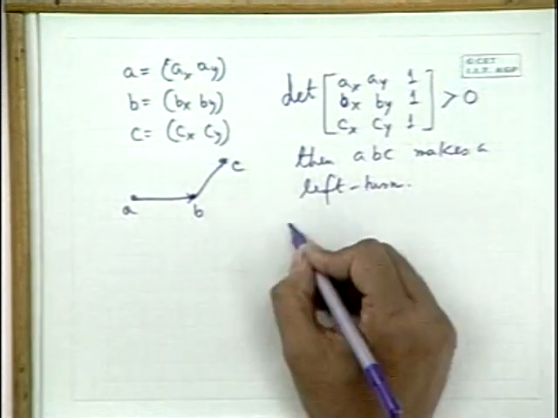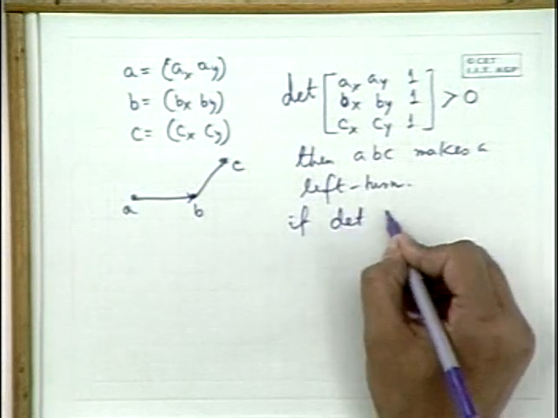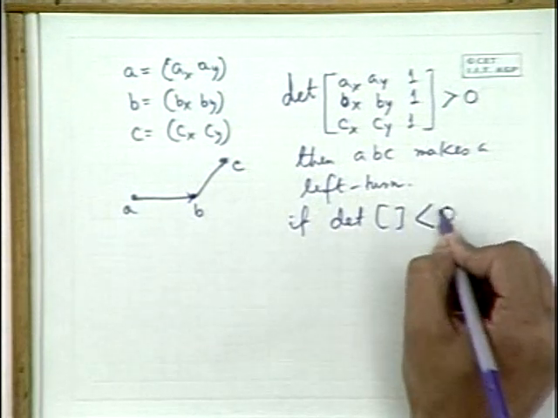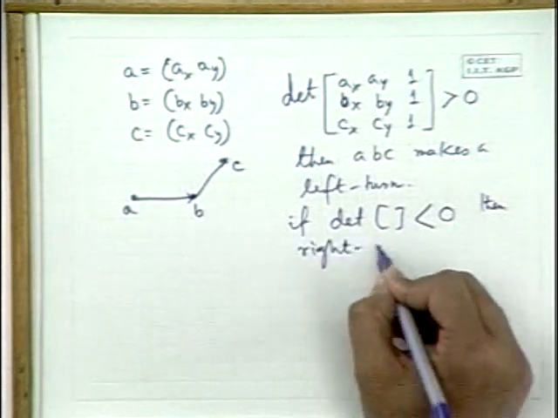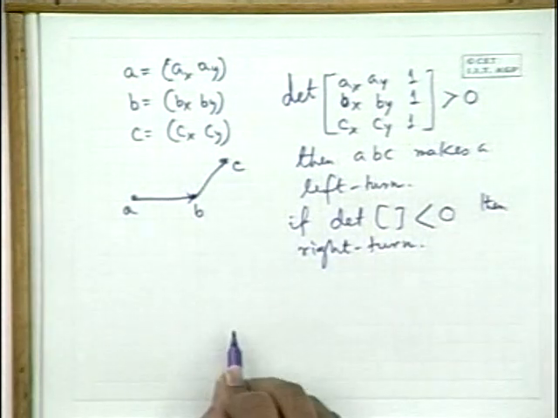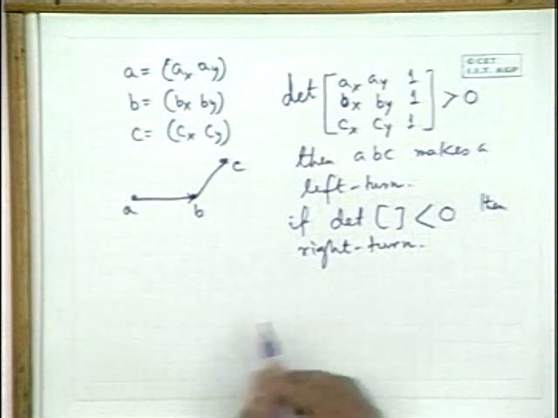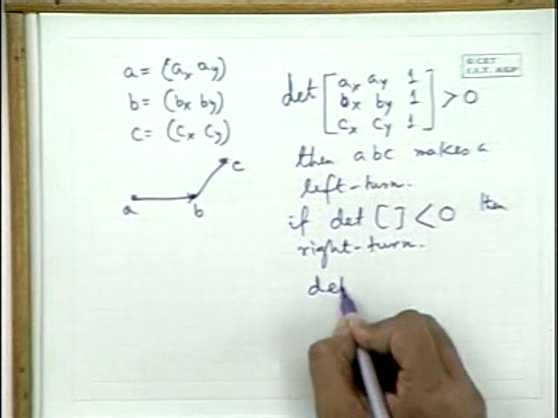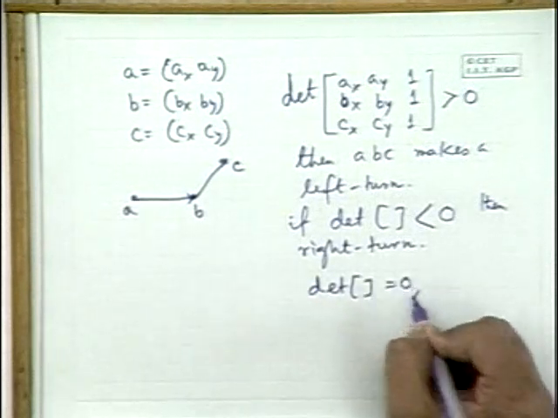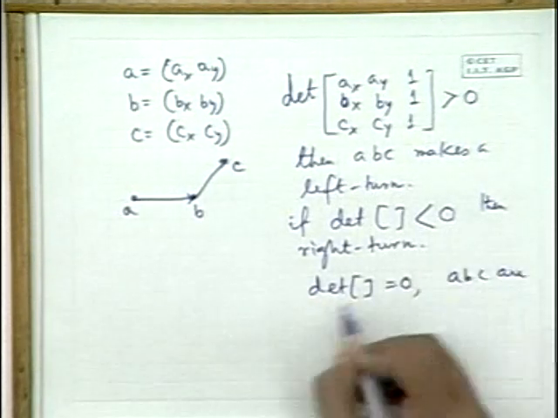If the determinant is less than 0, then right turn. And if it is 0, then all the 3 points are collinear. So determinant exactly 0 means A, B, C are collinear.